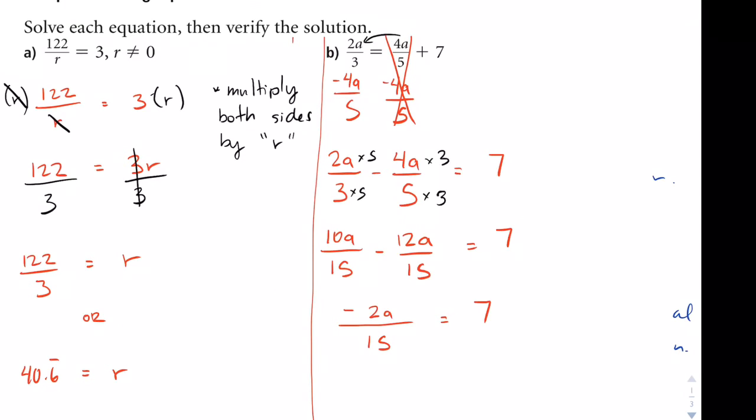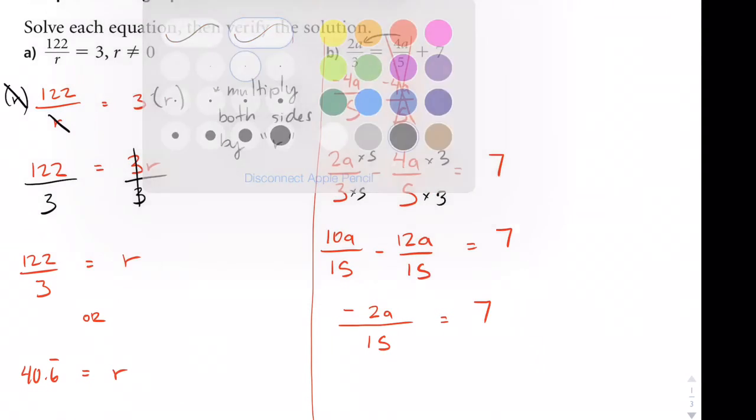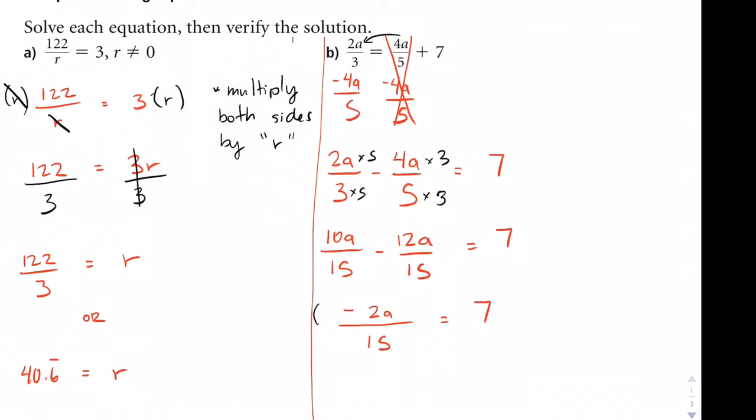Now I have a few more steps here. So I want the a to be by itself. I have a 15 on the bottom, and that's dividing my 2a. So what I need to do is multiply both sides by 15. So that's going to cancel out.